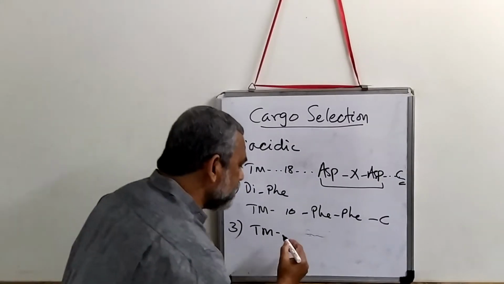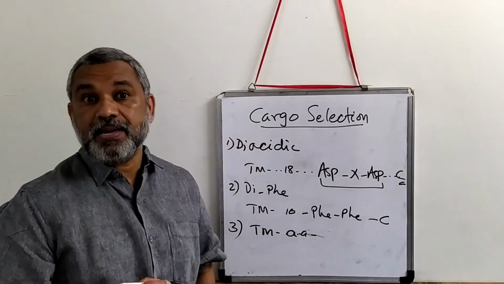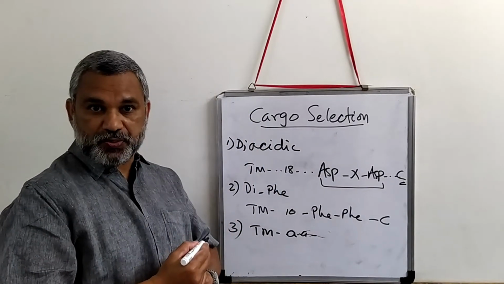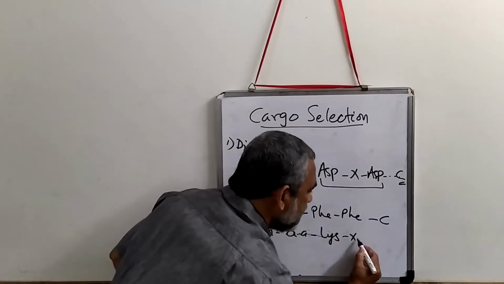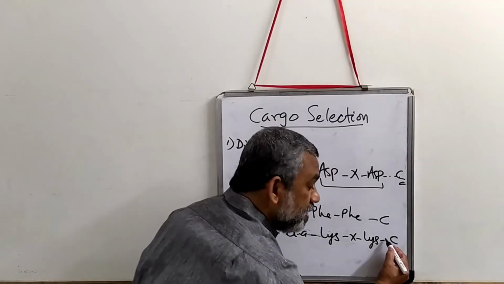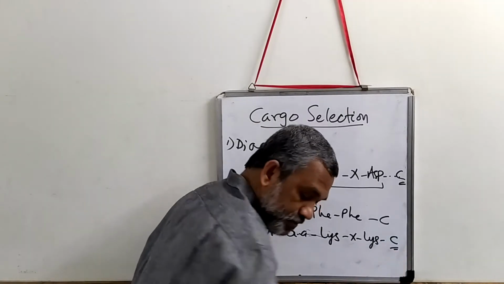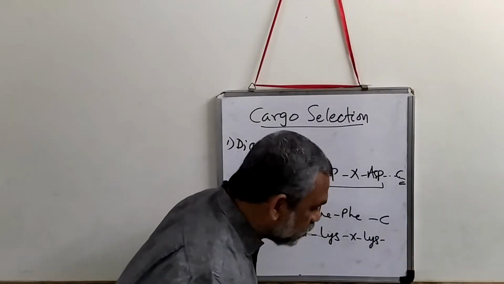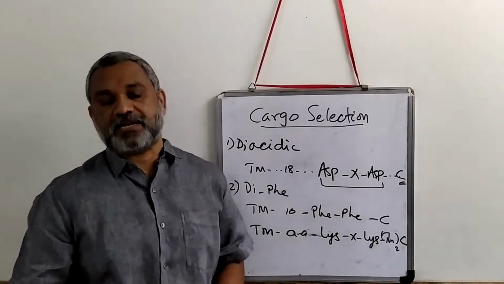So transmembrane region, a number of amino acids will be there, followed by lysine residues. So you have a lysine residue, then an X, a lysine residue, then 2 threonine residues, followed by the C terminus.